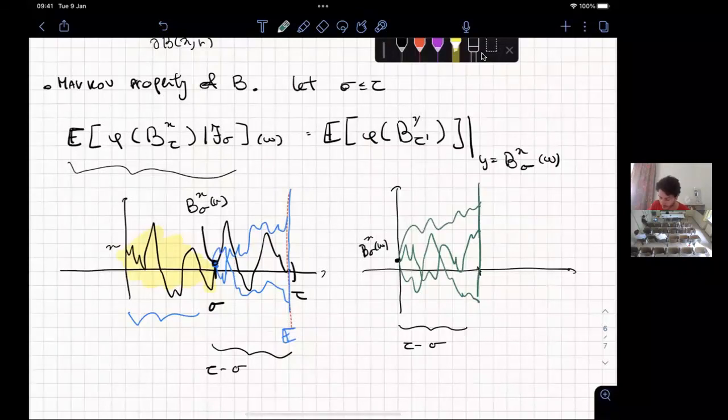Well, if we take this expectation, these two must coincide. So at the very end, the key property of this thing is that it does not matter what happened in the whole past. This trajectory is fixed, is known, but it's not important.